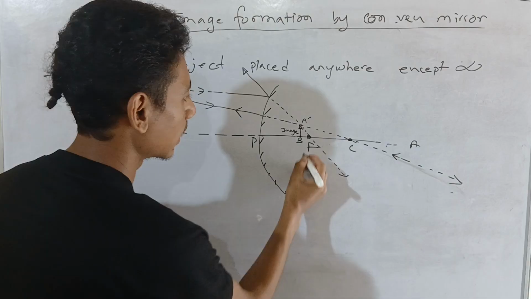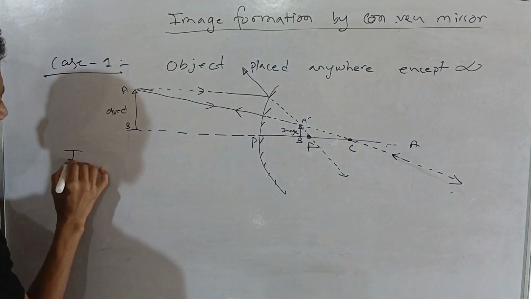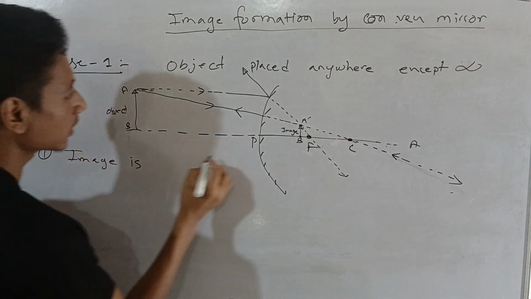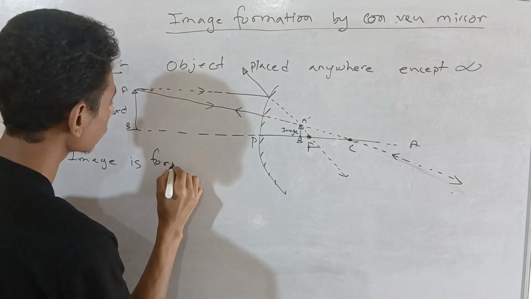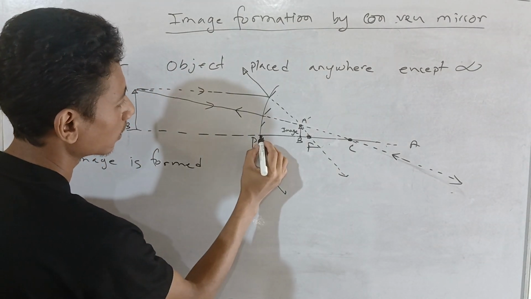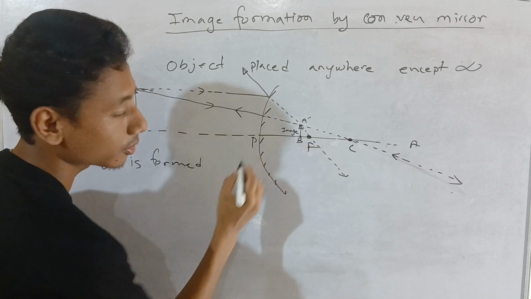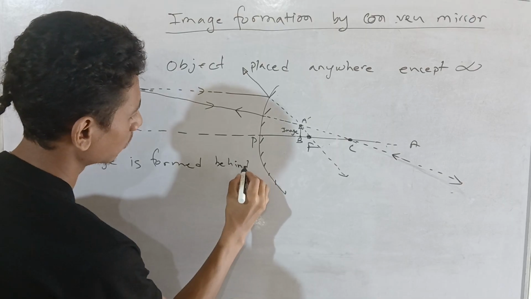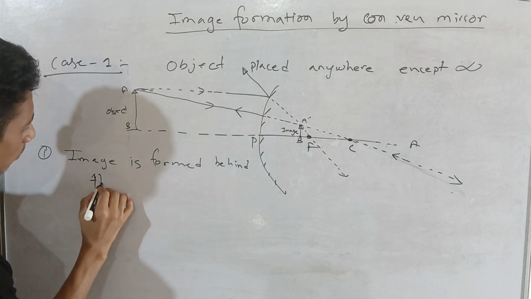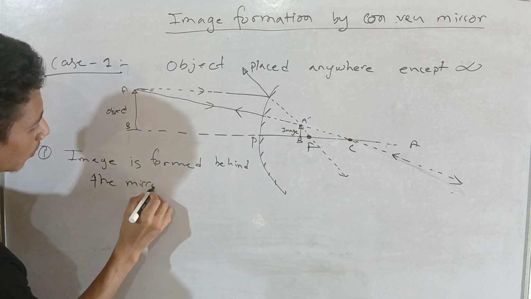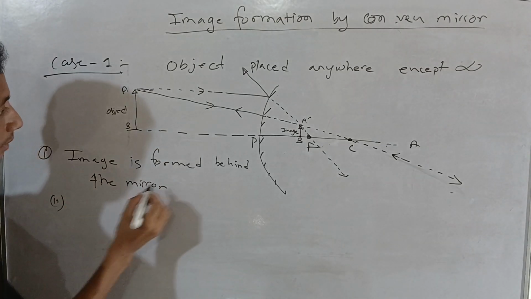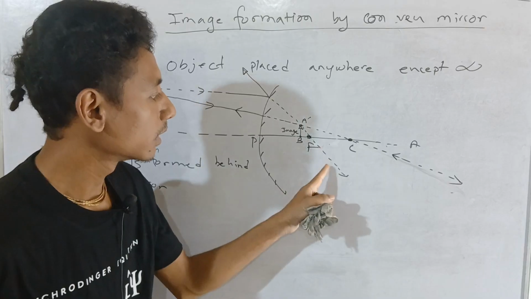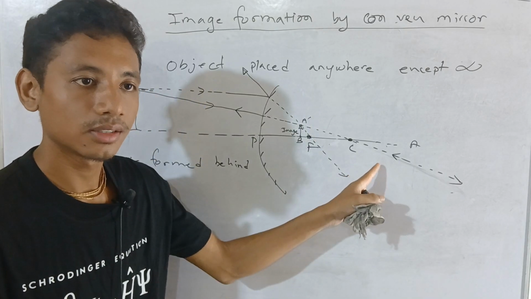So the image characteristics: where is the image formed? Behind the mirror. Second, the image is virtual, because these two rays are not real.